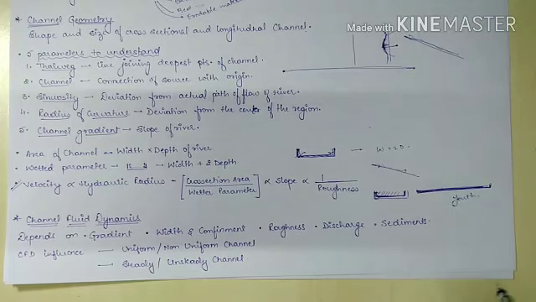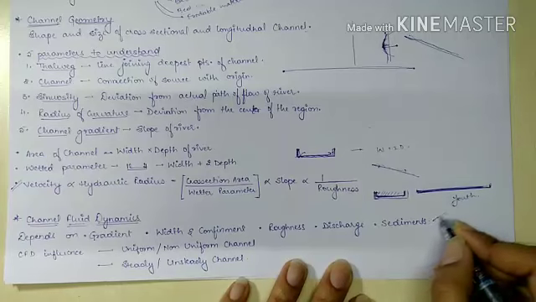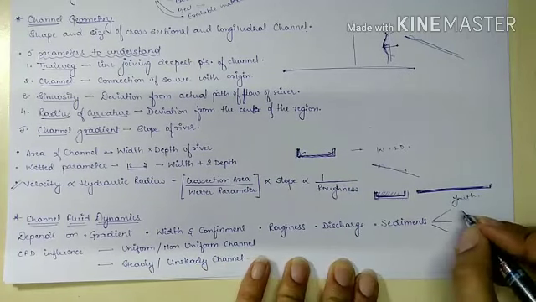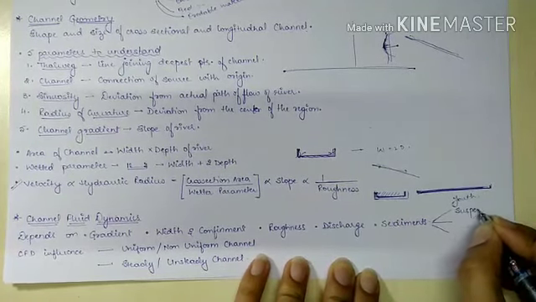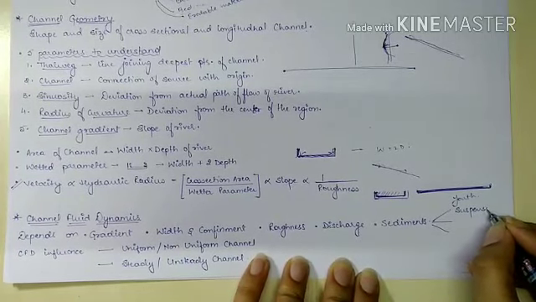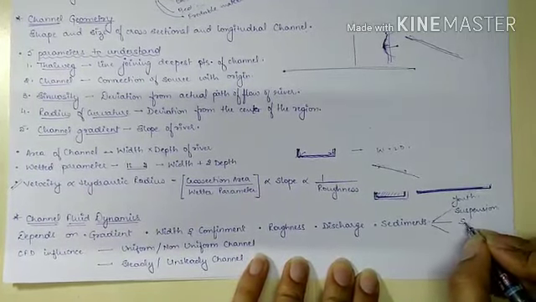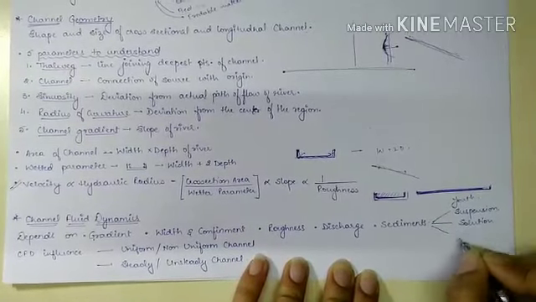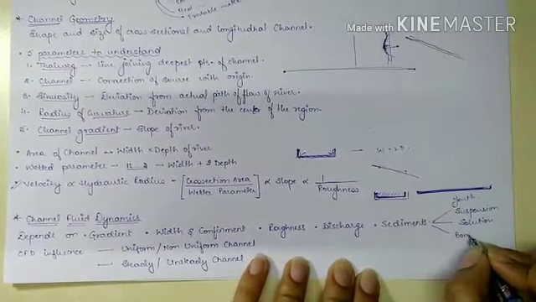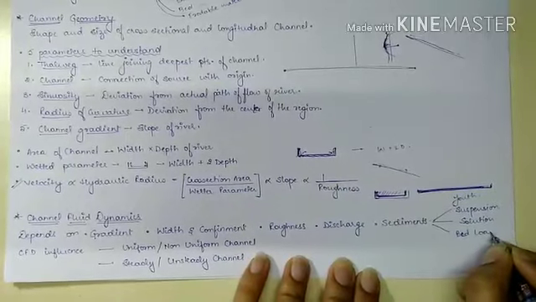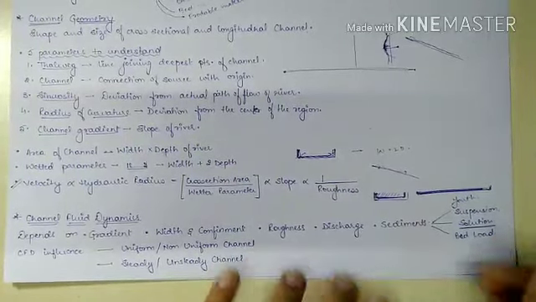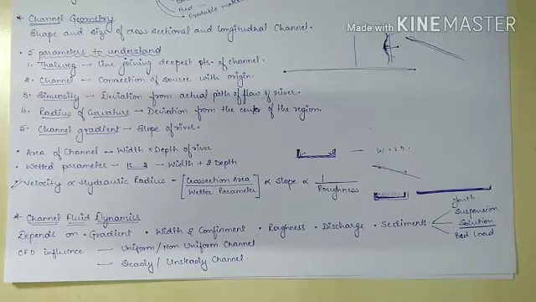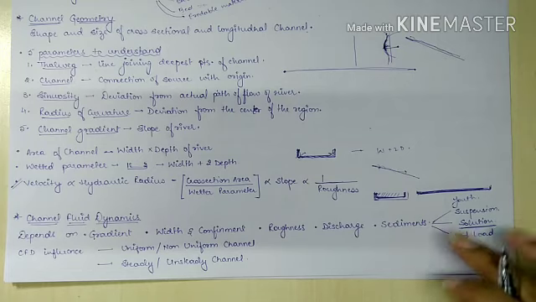Next is sediments. So sediment can be categorized or classified into three types. So the first one is suspension. Next is solution, and the other one is bed load. So see, solution is the one that totally mixes in, like NaCl or MgCl. So the salts basically mix in the water, so they will not hinder the flow.